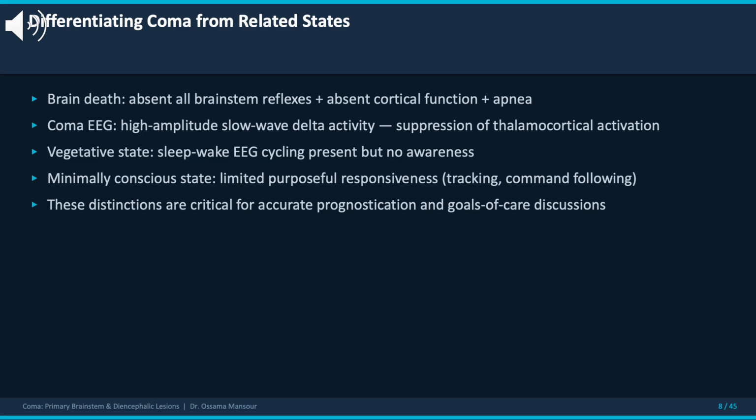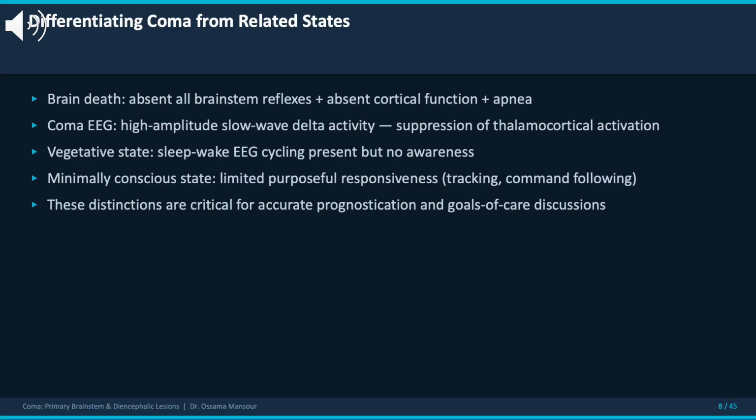Sleep, although instinctively recognizable as different from coma, shares some superficial features on EEG. However, sleep is a physiological state that can be easily interrupted by external stimuli, whereas coma cannot.